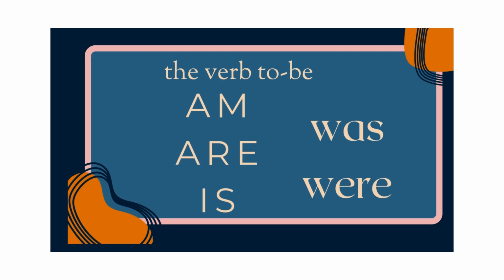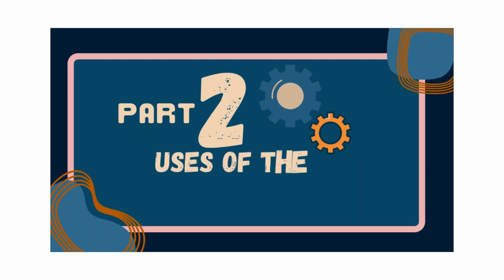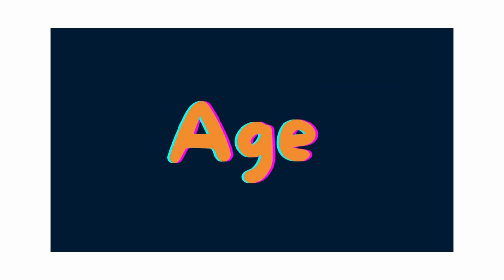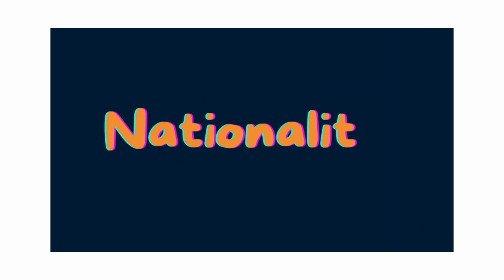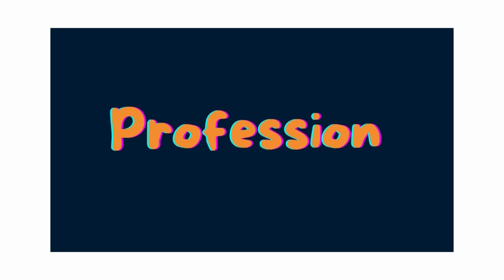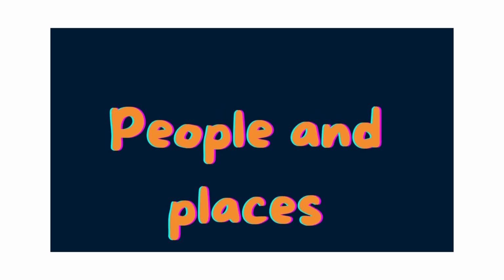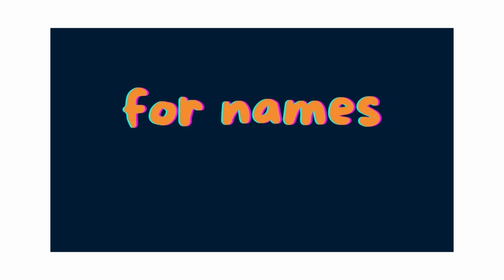Now, let's explore the different uses of this verb. The verb to be has several uses, including introducing yourself, talking about your age, nationality, profession, describing people and places, and expressing feelings and emotions. Number 1. For names.